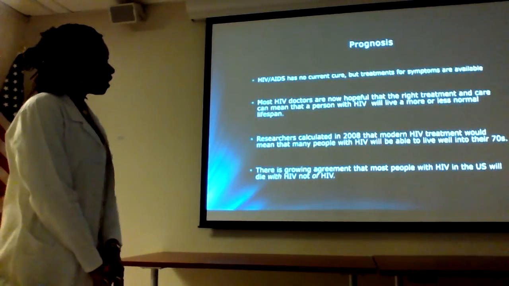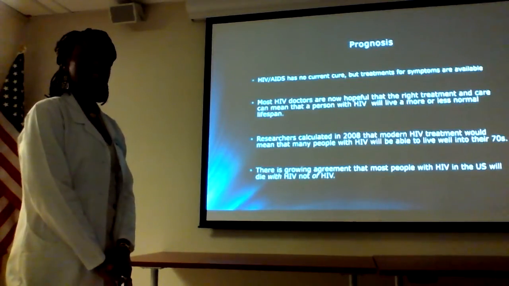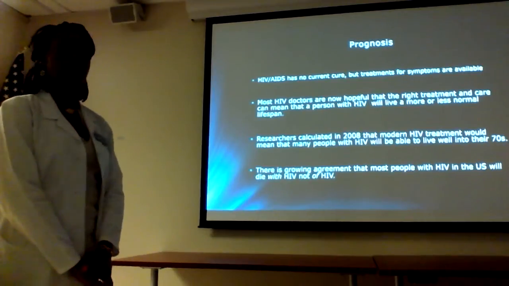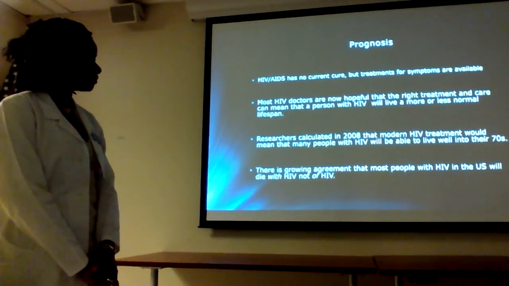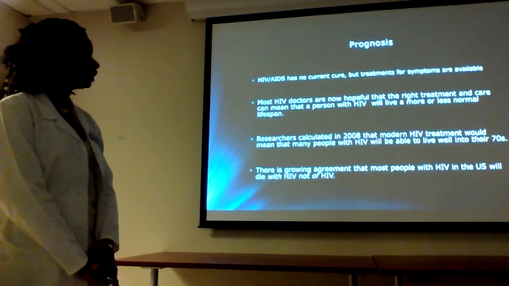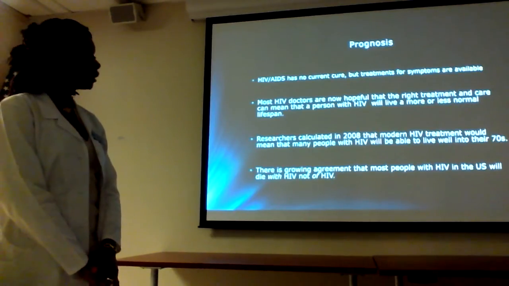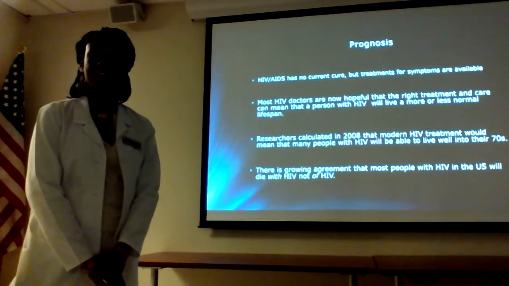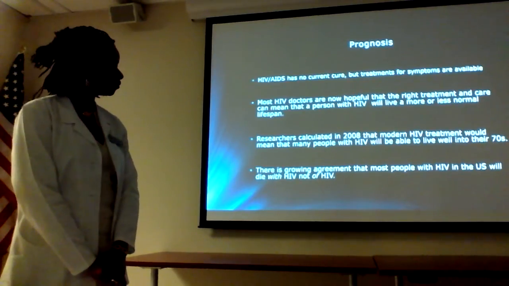Prognosis. As of today, 2015, there is no cure for AIDS or HIV, but there are treatments for symptoms. Most doctors or infectious disease physicians are hopeful that with the right treatment and care, a person with HIV can live a normal life.